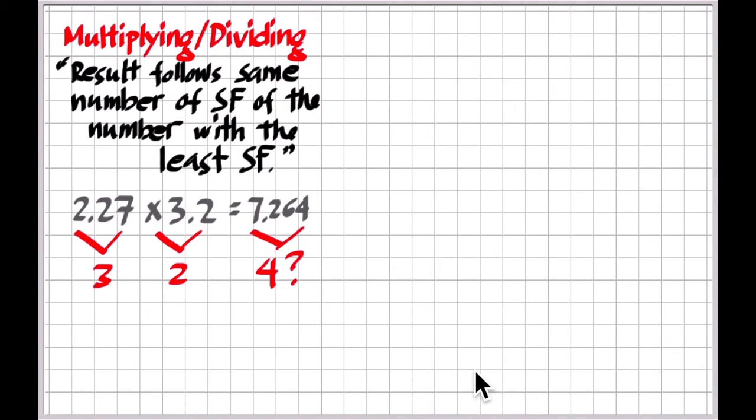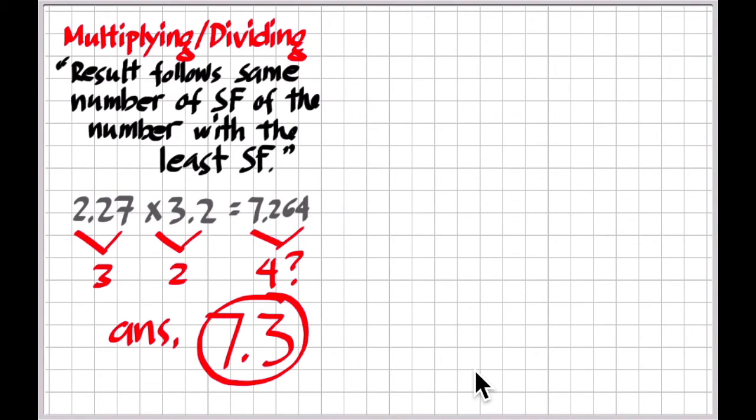Obviously not. Increasing the number of significant figures by just multiplying things or dividing things is very impractical. We have to deal with this by following the number of significant figures of the number with lesser significant figures. The answer should be 7.3 only, following the number of significant figures of the number 3.2.